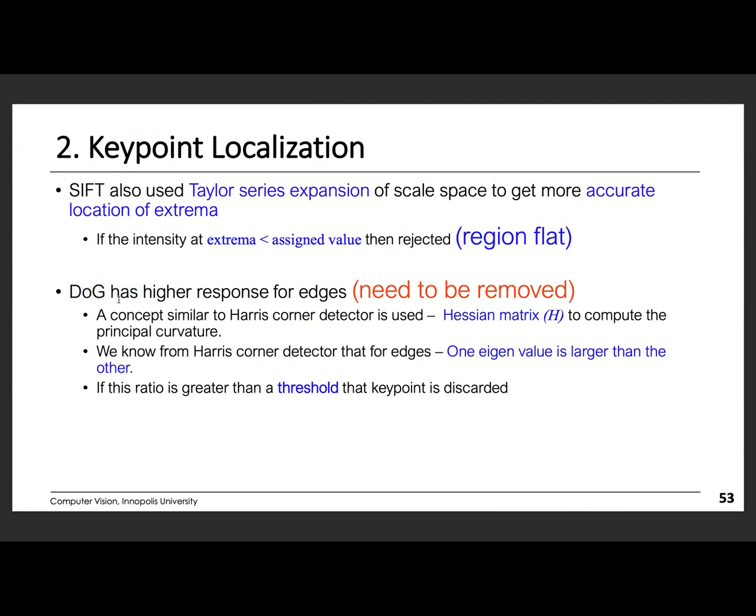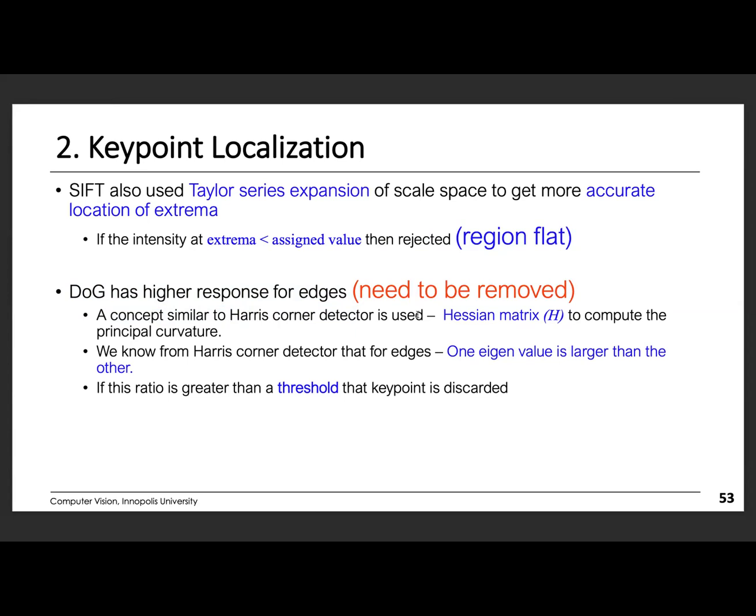Difference of Gaussian has higher response values for edges, which is not as similar to the Harris corner detector, but more similar to the Laplacian of Gaussian, which we have seen in the second or third lecture. So it's not perfect for us.